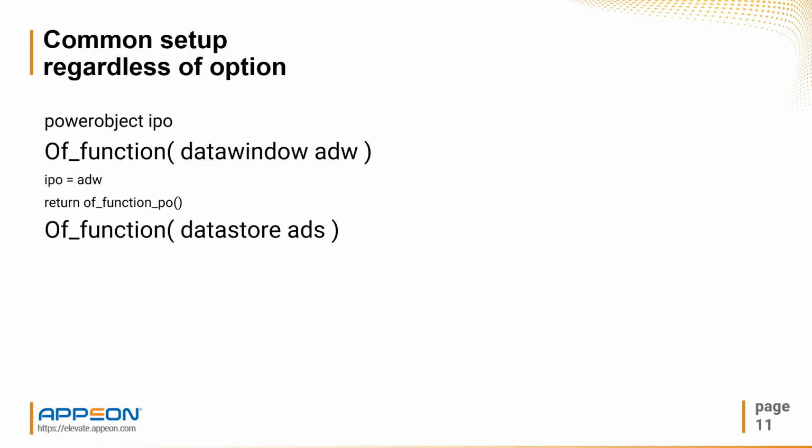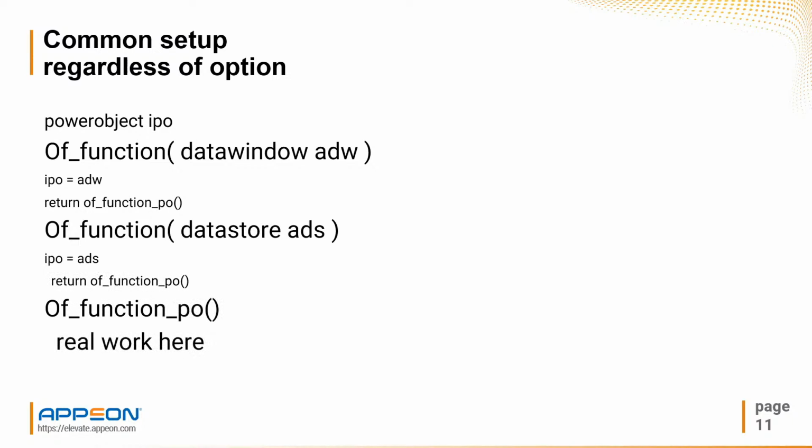If it's a data window, the power object will simply point to that. If it's a data store, the power object will point to that. And then you'll have the main function where the real work is being done. In this case, it's called a function PO, and it takes the power object IPO and runs all the functions on that. So if you're using typically any of the first several of those options, this is how you're setting it up.